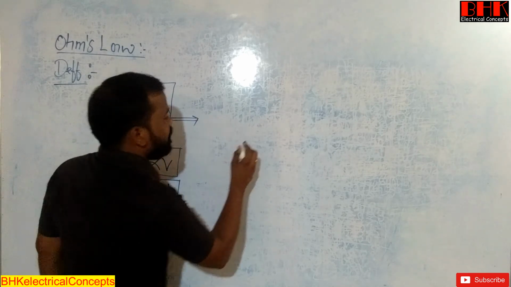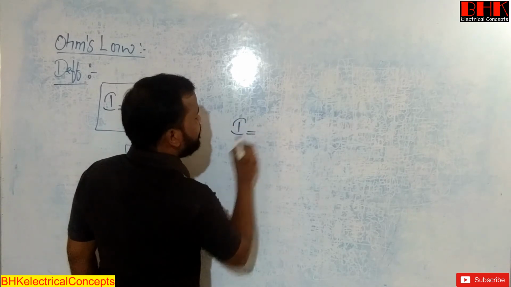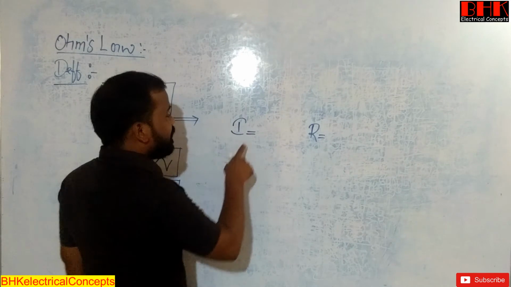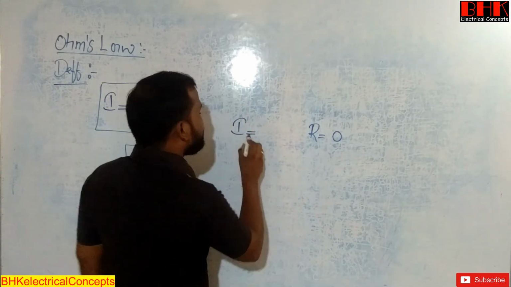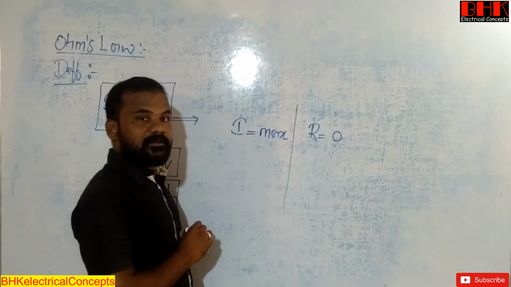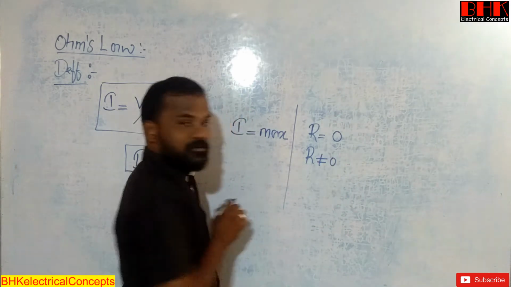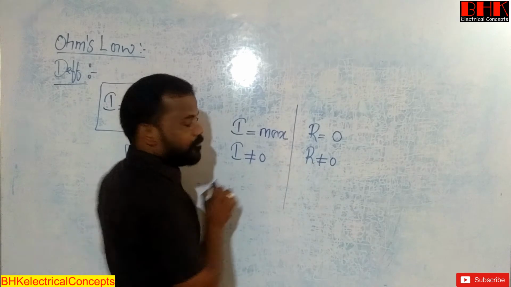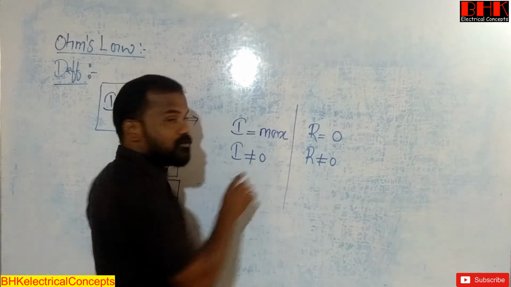Suppose we take an I value and an R value. If R is equal to 0, then the value of current is maximum. If R is not equal to 0, then I is also not equal to 0.